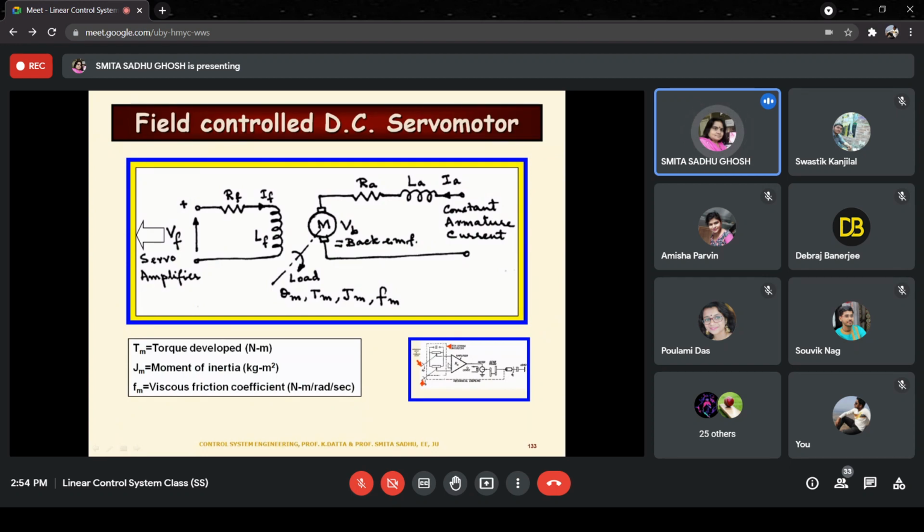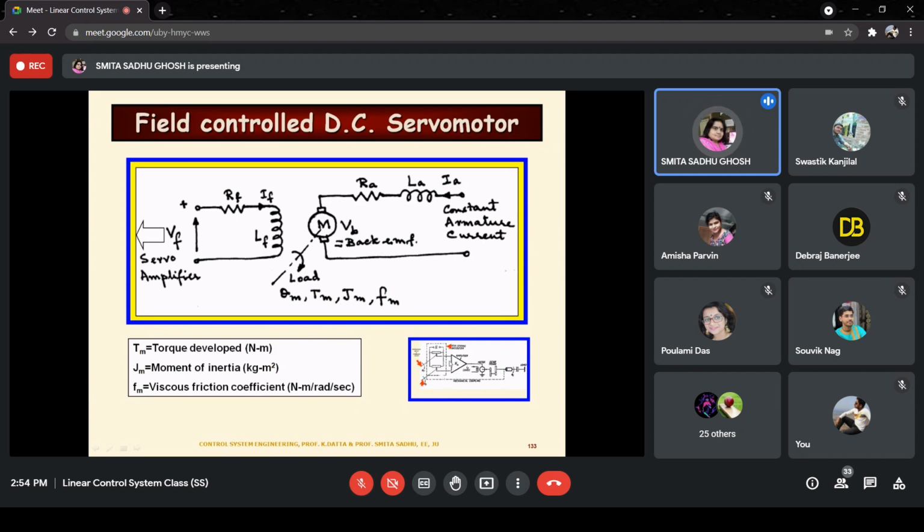It's very small, but some things are visible. You can see the motor here, and the voltage which is being applied to the motor comes from the amplifier unit. In this particular diagram the control signal is shown across the armature, but ignore that.